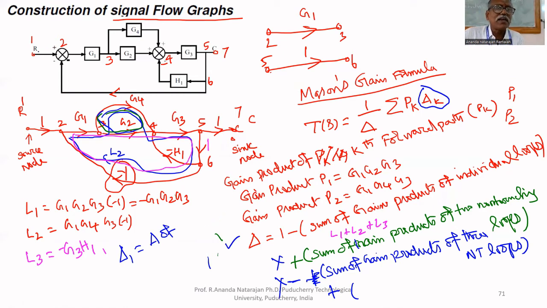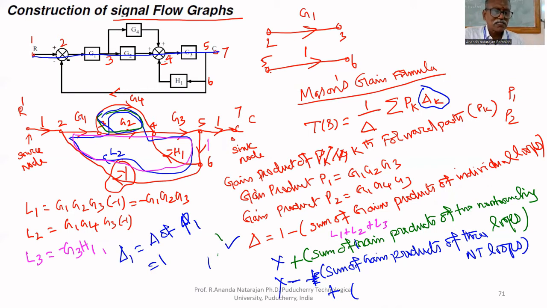What is the forward path here? I will draw it in the block diagram because here you cannot understand. This is forward path 1. Is there any loop which is not touching the forward path? No loop. Therefore, delta 1 for forward path P1 equals 1. That's all, because the formula starts with 1 minus, and no loops are not touching the forward path.